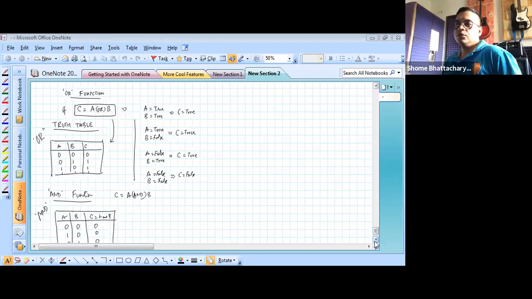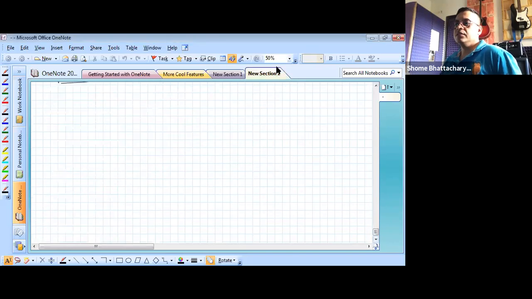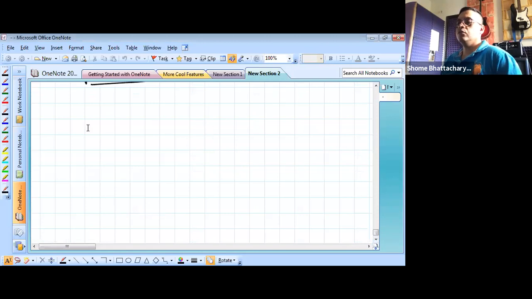Okay, so these were the two basic functions, the AND and OR. Now, like that, we can see that there is the next function called the not function or the inversion function.